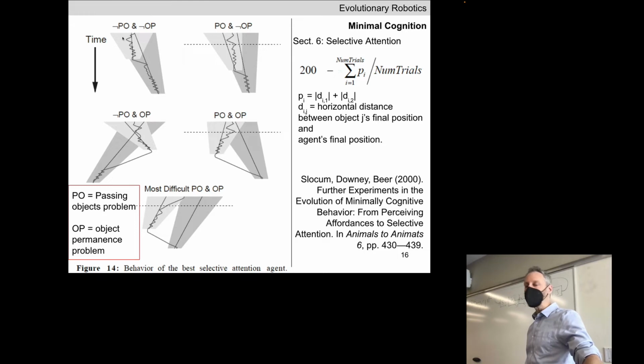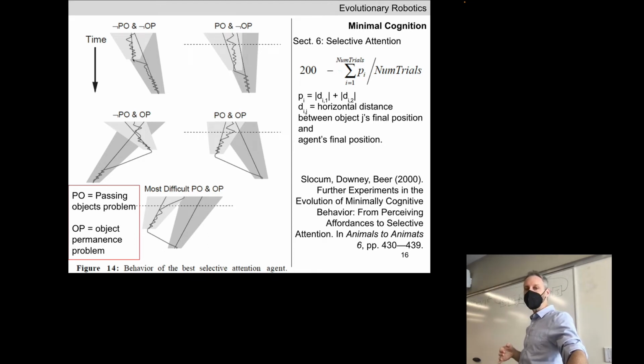So let's start with the lighter trapezoid. Right up at the top where the trapezoid is wider, that means that the robot could have any of these horizontal positions at the bottom of the screen. The robot can only move left and right at the bottom of the screen. And at any of these horizontal positions, the robot can see the left object.